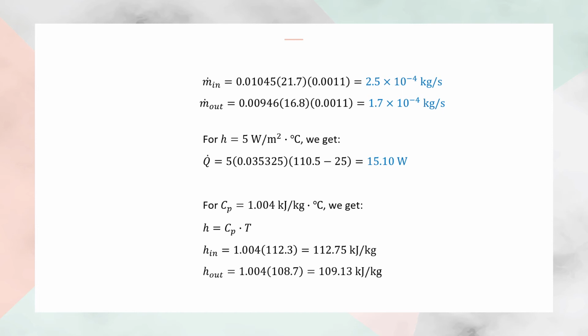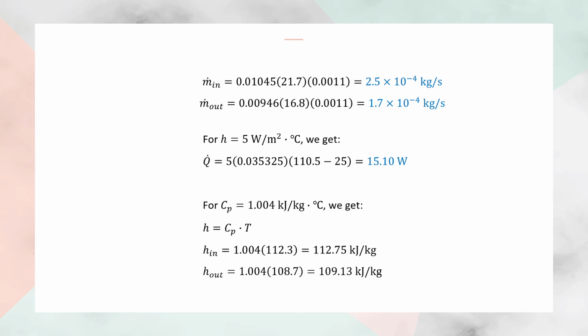And for the analysis of heat transfer, we analyze it by convection with h equal to 5 watts per meter squared degree Celsius, and we got a result of 15.10 watts. And lastly, to analyze the thermodynamics by the first law of thermodynamics, we need to calculate the h.